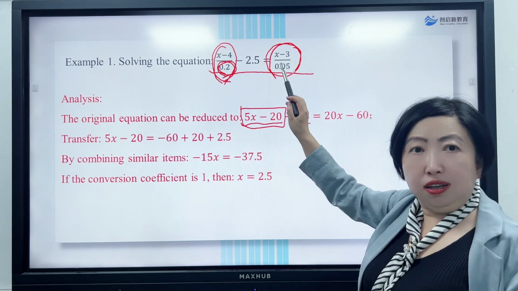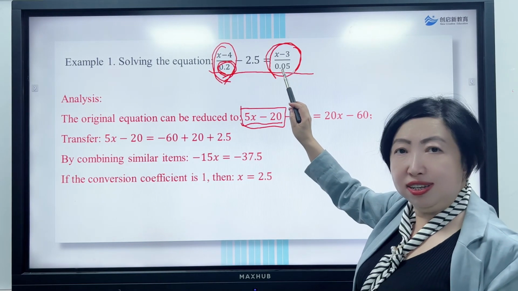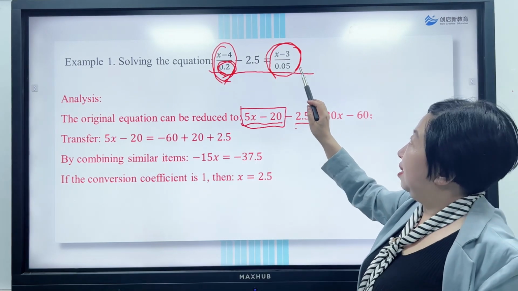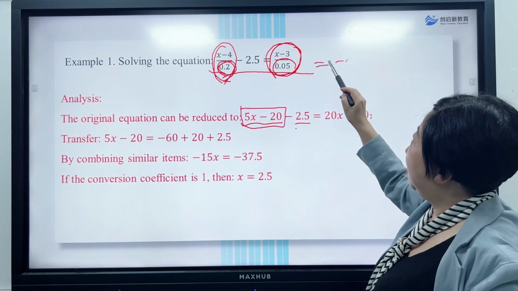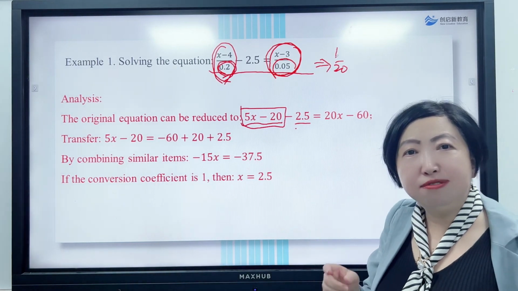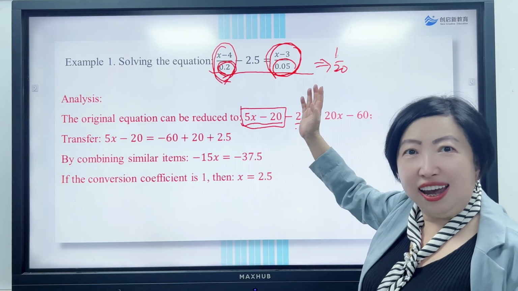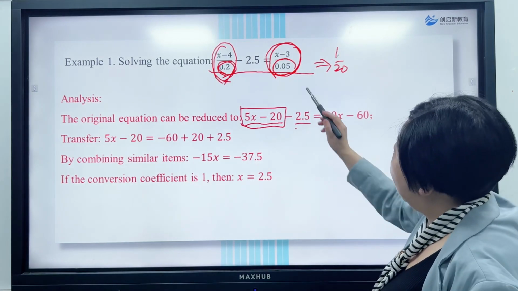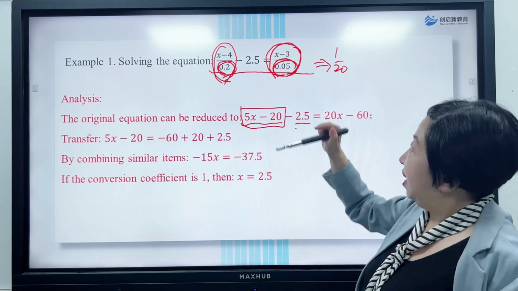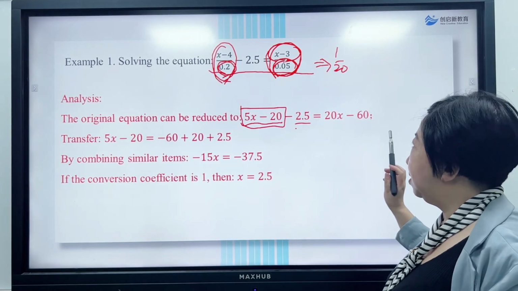Of course, the denominator 0.05 equals 1 over 20, so we multiply both numerator and denominator by 20. The denominator is 1 and the numerator is 20x minus 60.